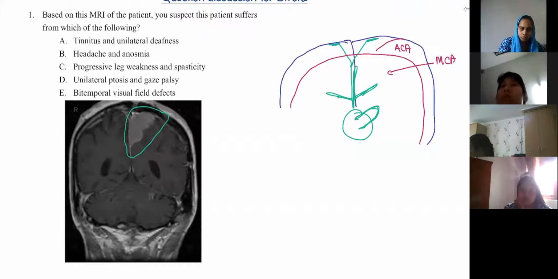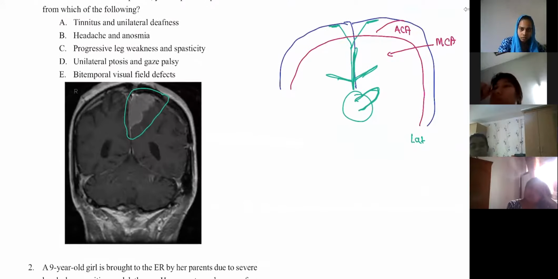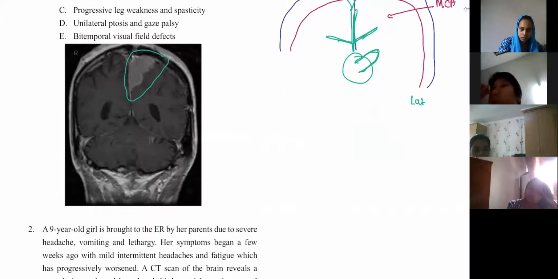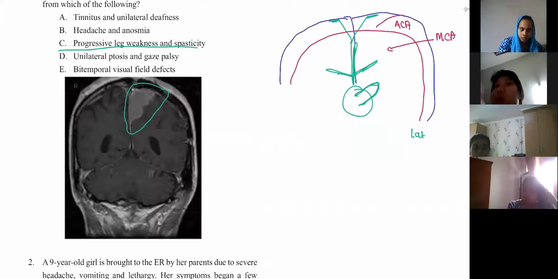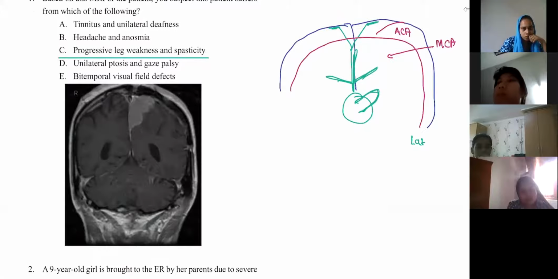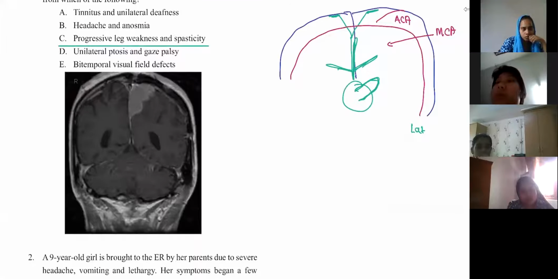Guys, this is a lateral image from the side. If you look at the brain from the side, like you cut it from the middle and look at it from the side. So in this region, you can see the legs are always above. Okay, so the answer is C. The patient will have weakness in the leg and spasticity.